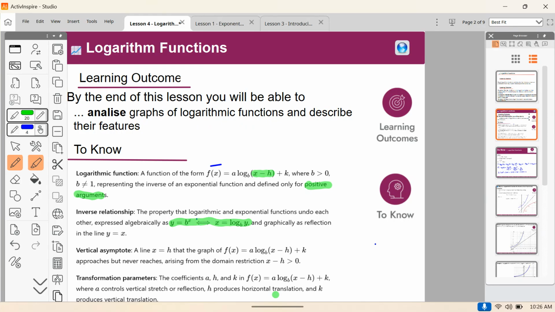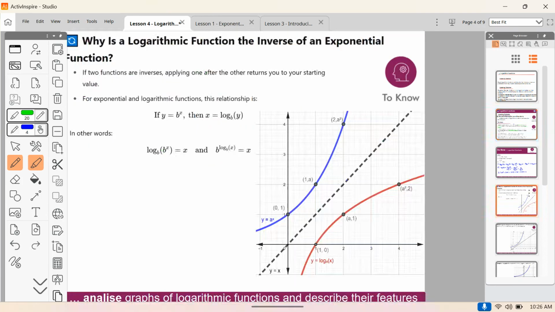Graphically, this is shown as a reflection in the line y equals x. So this is our key to know line here. What we see here is exponential form rewritten into logarithmic form produces the inverse function. Because these two are inverses of each other, they're going to be plotted like the graph here. We're looking at a reflection in the line y equals x.